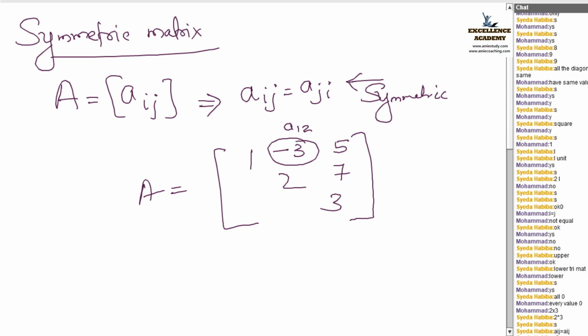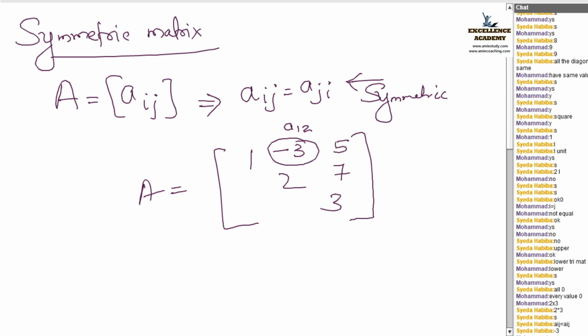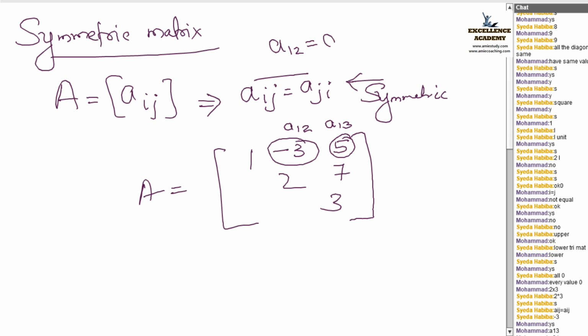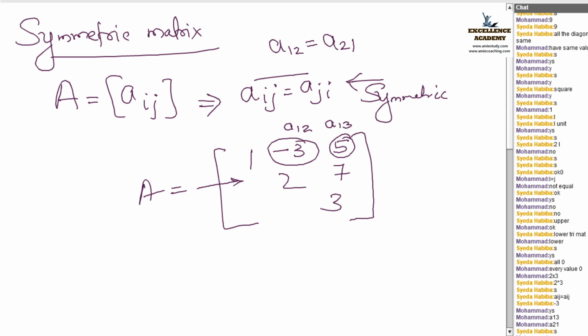And 5 is A13. According to our definition, A12 should be equal to A21, the second row, first column.